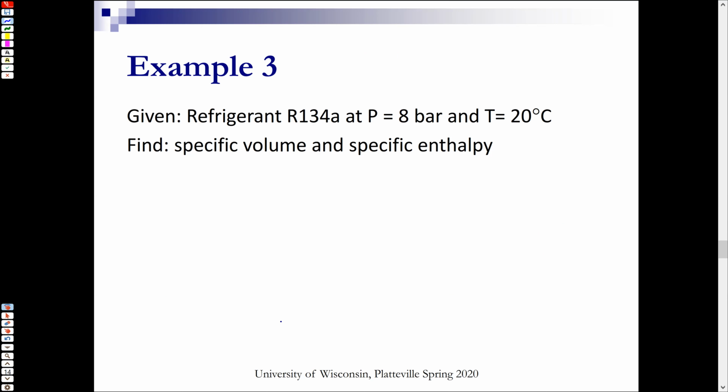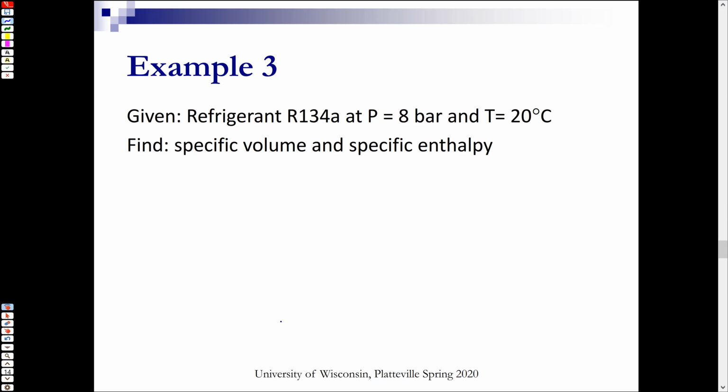All right. To solve this problem, I begin by referring to the index of tables in SI units, page 925, to see what table I have to use.